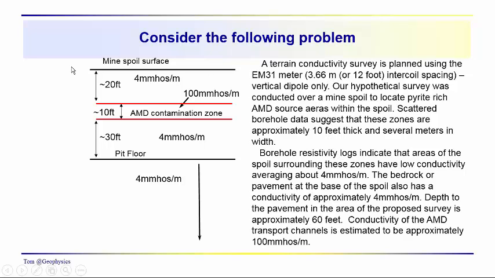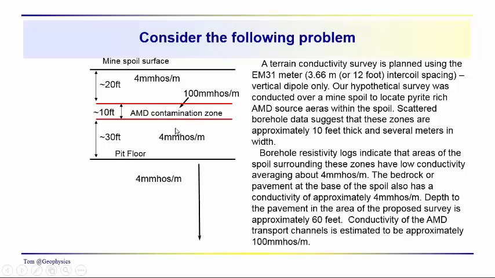So here we have a problem associated with mine spoil, and we're assuming that we have an acid mine drainage contamination zone within the spoil. In this diagram, we're showing a cross-section. We've got uncontaminated spoil with a conductivity of 4 millisiemens per meter, and a contamination zone with a conductivity of 100 millisiemens per meter, so fairly high.